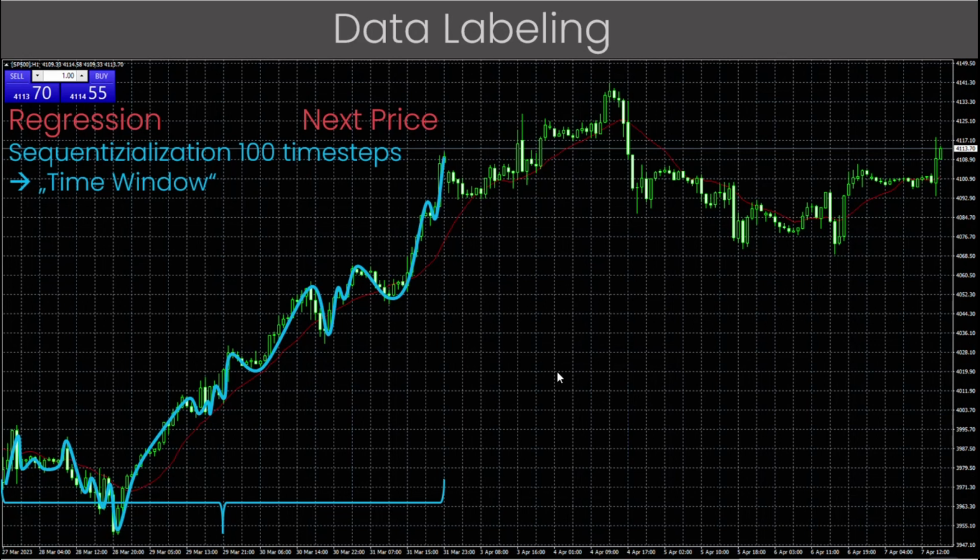For this explanation, we choose, in the first case, regression. We want to predict the next price. So first of all, we have to give the AI a so-called sequentialization horizon, like a time window. Imagine if you want to trade, you have a look at the chart, you want to do it technically or whatever. You want to look back a specific amount of time steps in history, right?